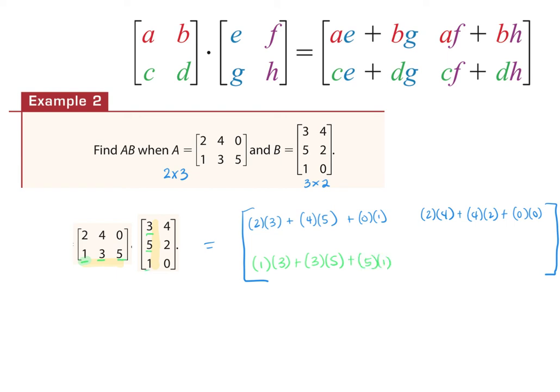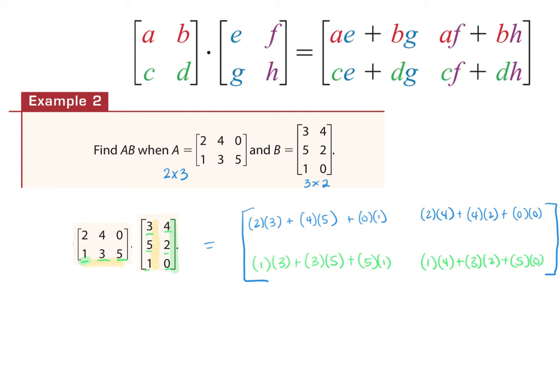All right. Now I'm going to do the same thing with the second column here. And I'm going to say 1 times 4 plus 3 times 2 plus 5 times 0. All right. So that's the setup.